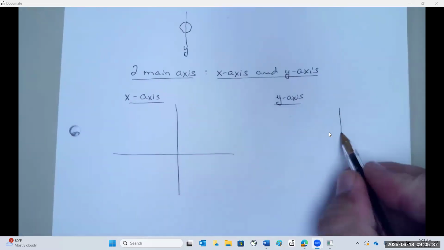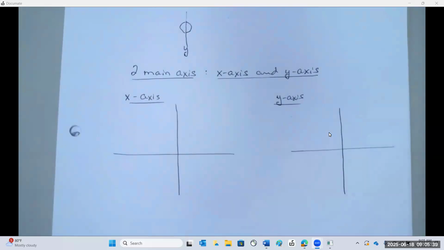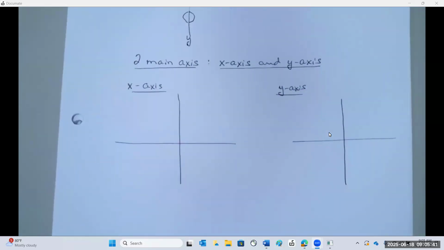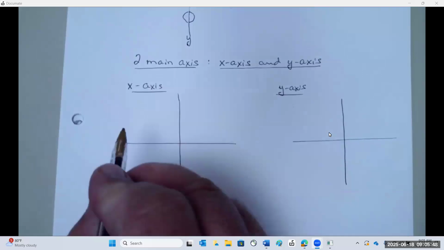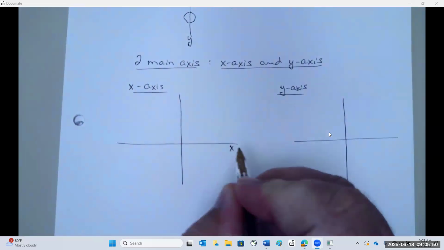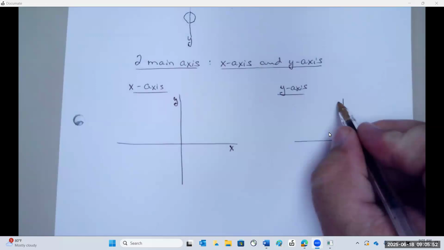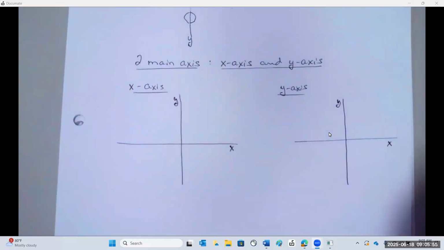And what we're going to talk about here is going to be very important in the next section also. So here's the x-axis, and that's the y-axis. The x-axis and the y-axis.